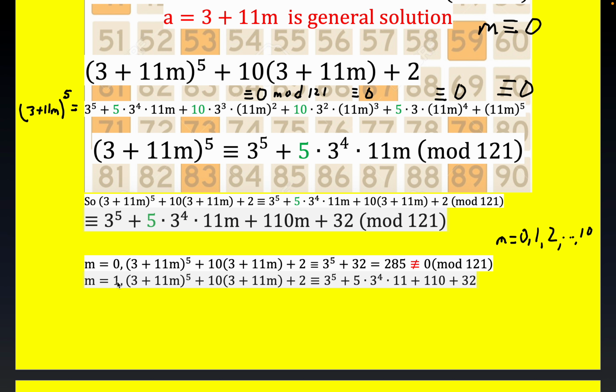Now we're trying m equals 1, which would be 14, right? Now let's see here. I didn't complete this one either. But what you would get right here, 3 to the 5th, we've already seen that's congruent to 1, right? So I'll put a 1 here. This is plus 5 times 81, which is what, 405?